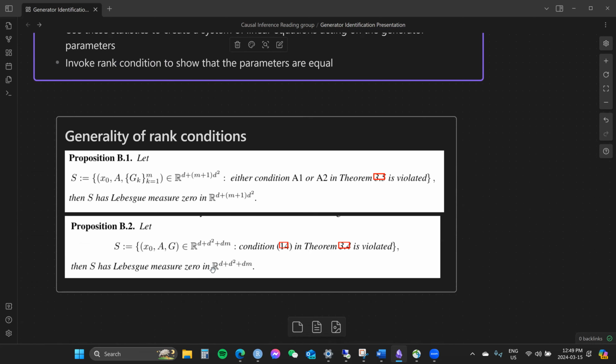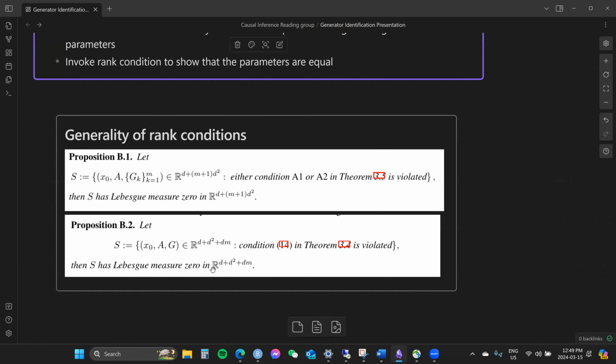And the very last theoretical point is that both of these conditions are what they call general, because according to random matrix theory, if you just select your matrices randomly, then your rank conditions will hold with probability 1, because the set of bad parameters has Lebesgue measure 0.